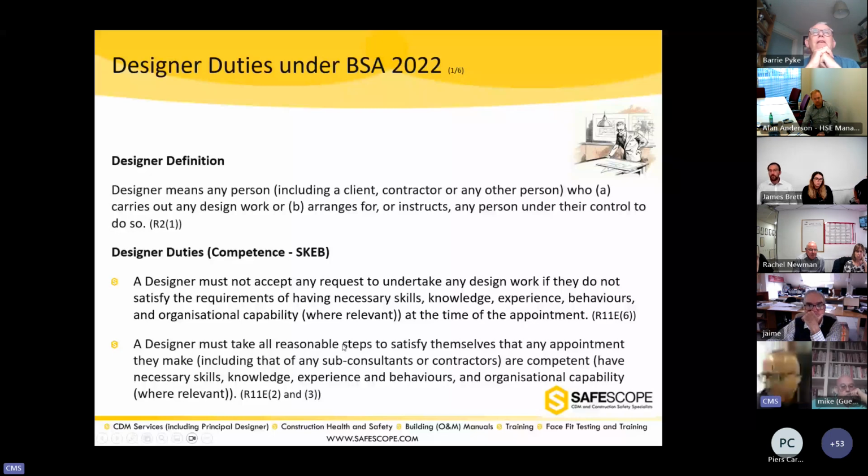A designer must not accept any request to design work if they are not competent, i.e. they do not have the necessary skill, knowledge, experience, and behaviors necessary in organizational capability. The designers also must take reasonable steps to ensure that any other subconsultant or contractors they appoint are competent. They are fairly similar to CDM requirements in a way.